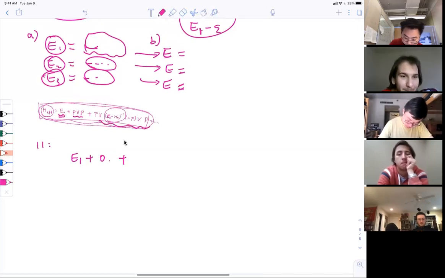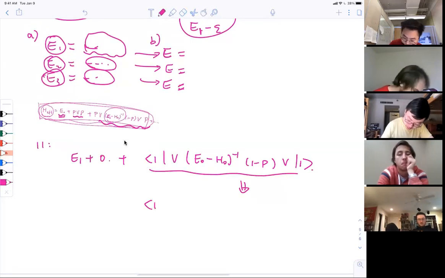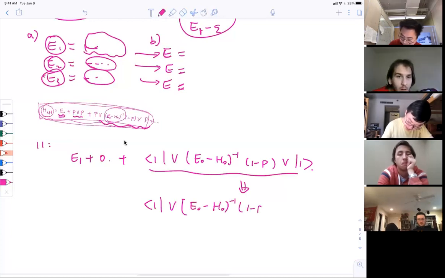This guy is more complicated, but it's 1 V (E naught minus H naught) minus P V 1, and this guy is equivalent to 1 V (E naught minus H naught) 1 minus P and 3 V 1.